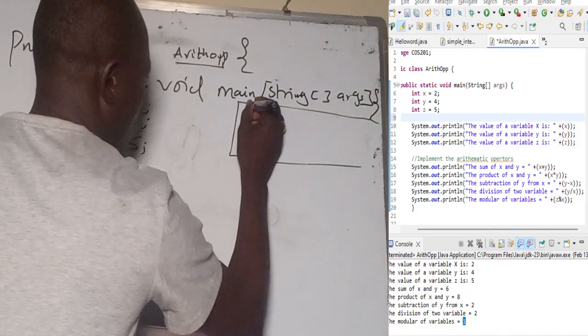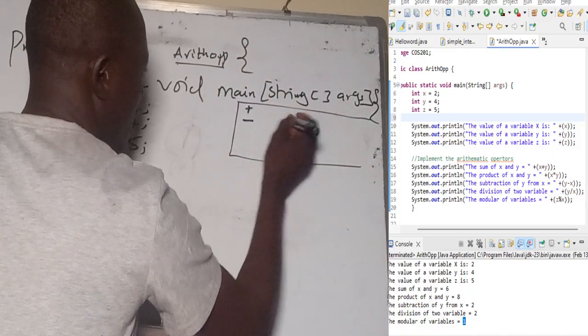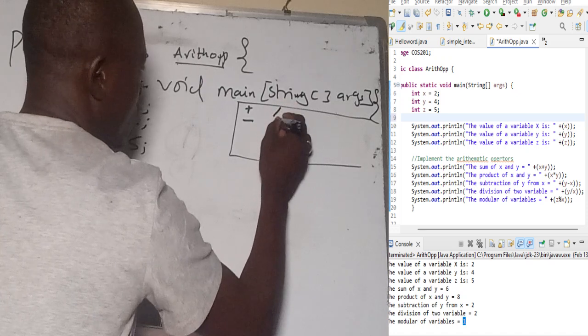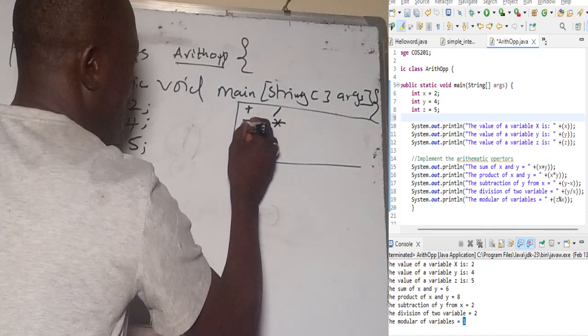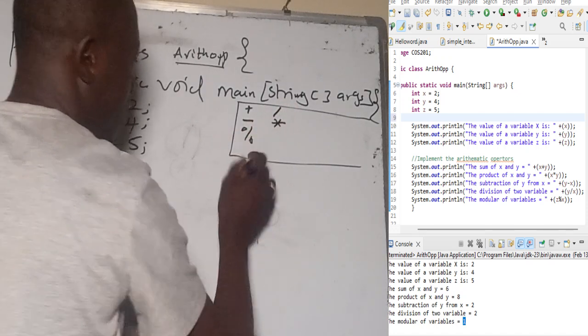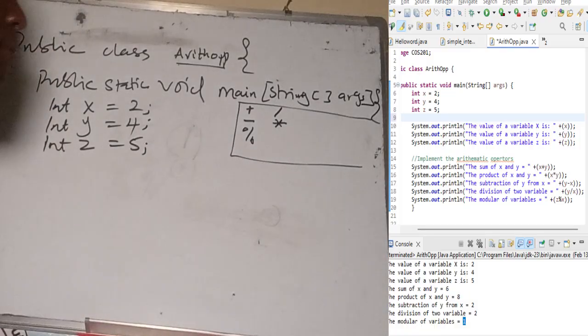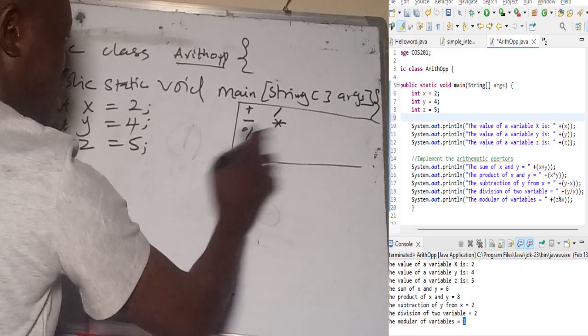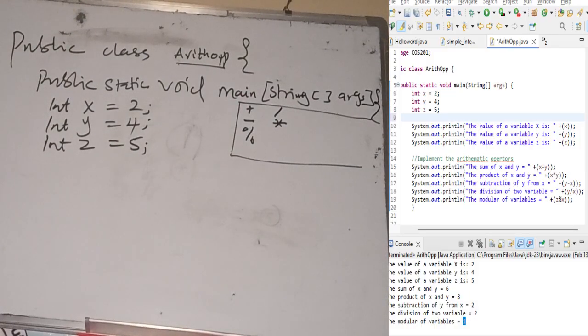Please, this is not part of the program. We are having plus, minus, division, multiplication, and modular. Remember, this is not part of the program, but just for us to know that we are dealing with 5 basic signs here in our arithmetic operations.